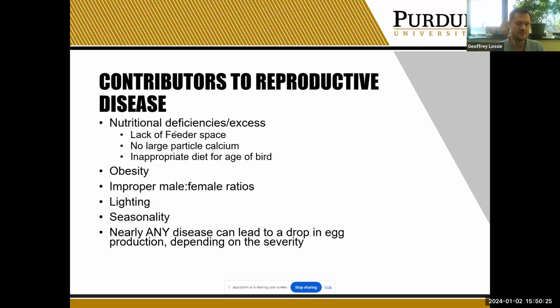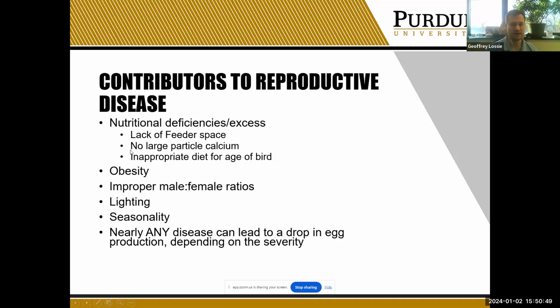So if you don't have enough feeders or feeder line space for the birds on the lower end of the pecking order to get at the feed, you can have a whole giant feeder full of feed but actually end up having birds in that flock that aren't getting enough. And if those birds aren't getting enough feed, well, guess what? They're not going to have the nutrients that they need to lay eggs.